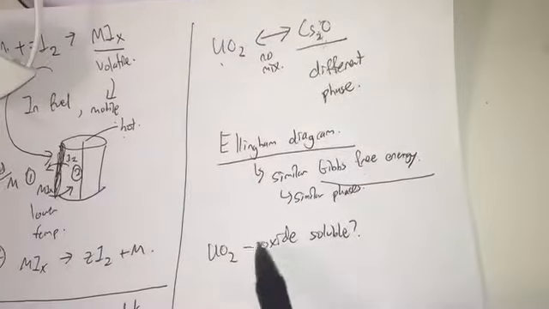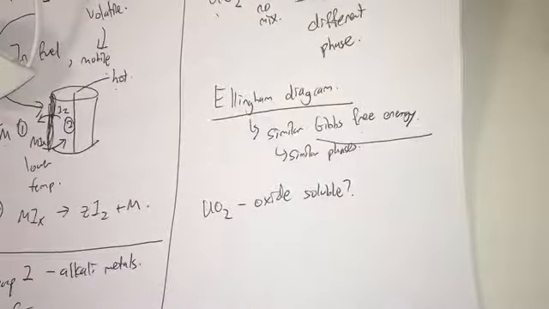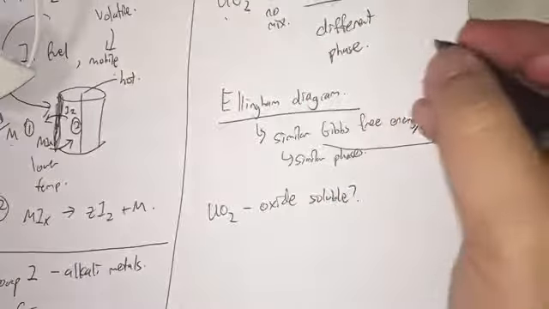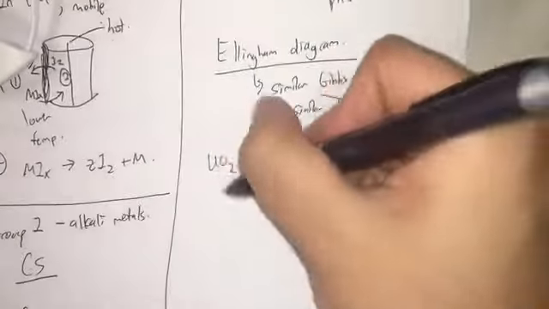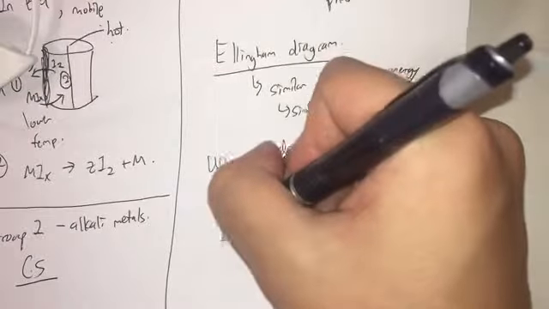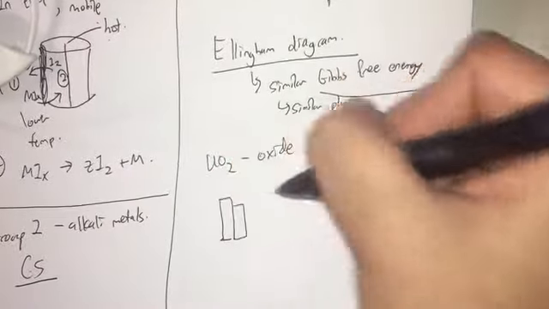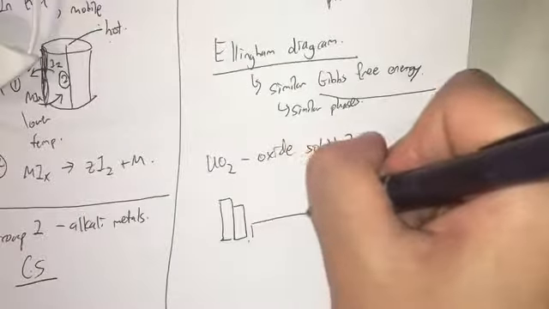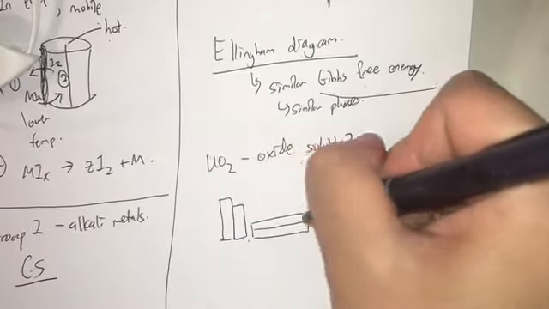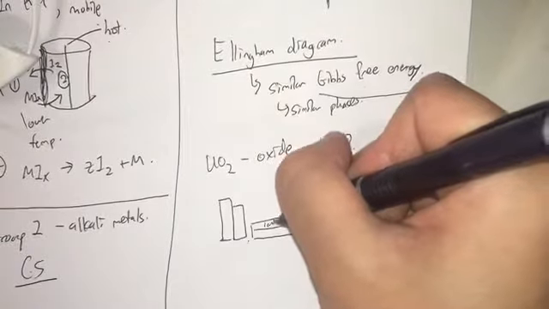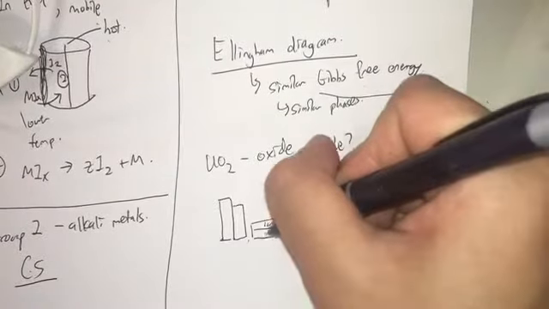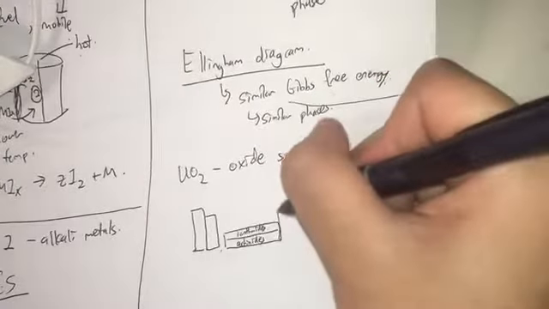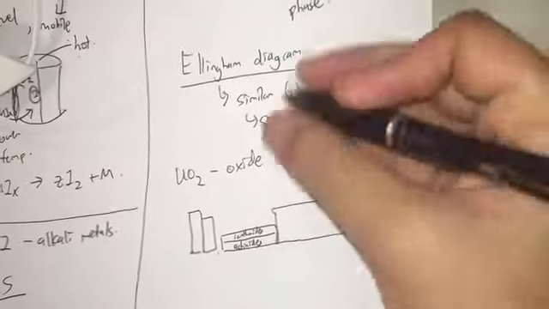So which oxides are soluble in the uranium oxide? Well, where is uranium located? So we draw the periodic table. We have group 1, group 2, the lanthanides and the actinides, and over here we have all the transition metals.